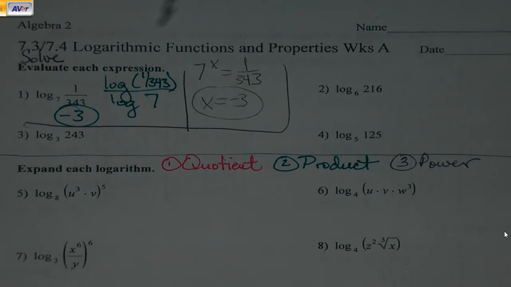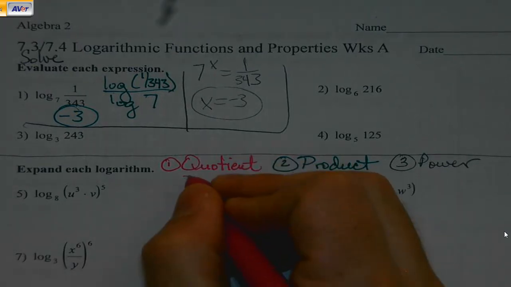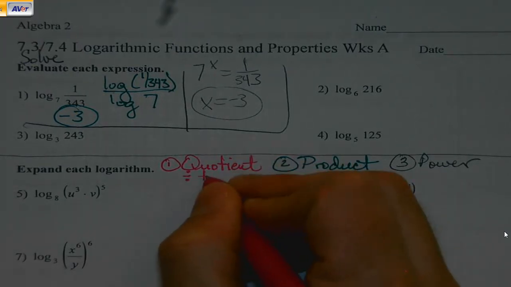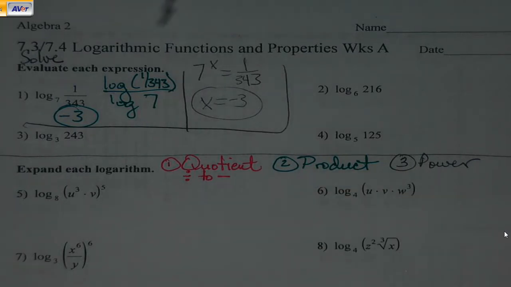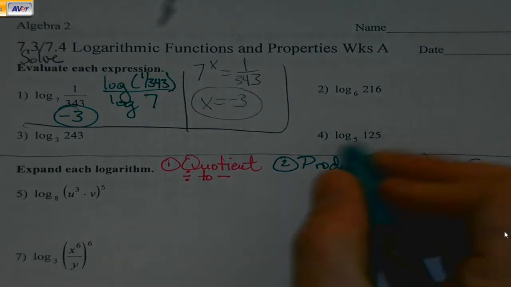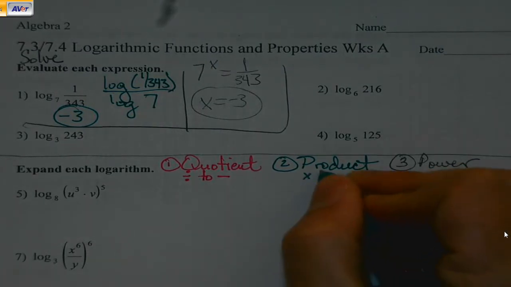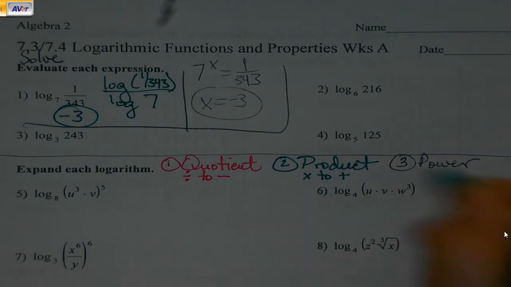Now, when I'm doing this, and again, the note sheet from yesterday breaks it down a little bit more. When we're doing quotient, we're going from divide to subtract. When we're doing product rule, when we're doing expansion, we're going from multiply to add.